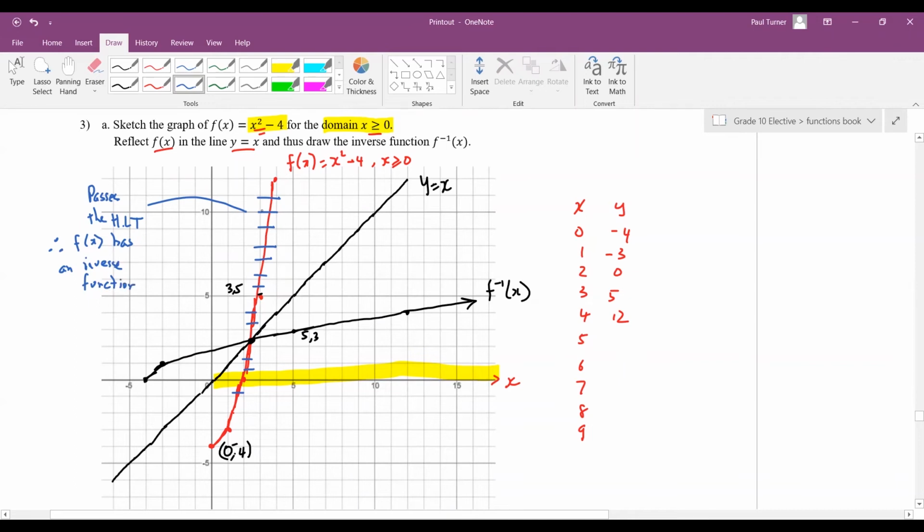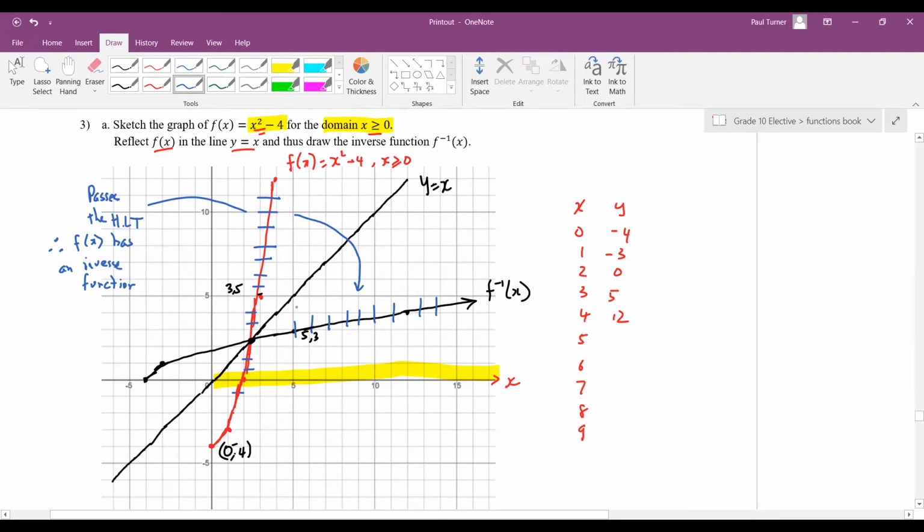So if your function passes the horizontal test, it will have an inverse function. And we know that this is a function. Look at this, because it passes the vertical test. If you pass the horizontal test here, the horizontal test here becomes a vertical test here because x and y swap.